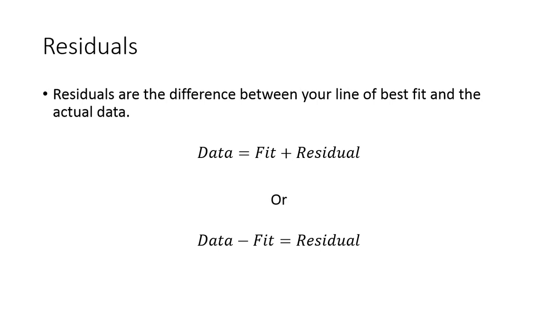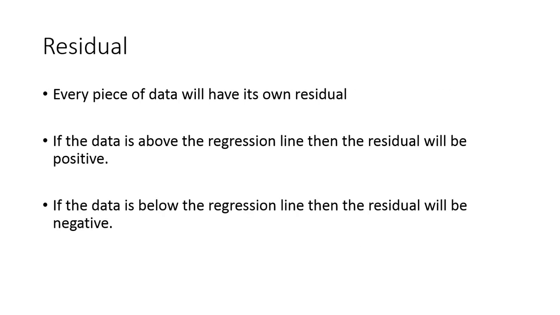So the residual is the distance from the actual line to the actual data point. Every piece of data will have its own residual, so you have to calculate it. If a point is above the regression, would the residual be positive or negative, do you think? It would end up being positive.